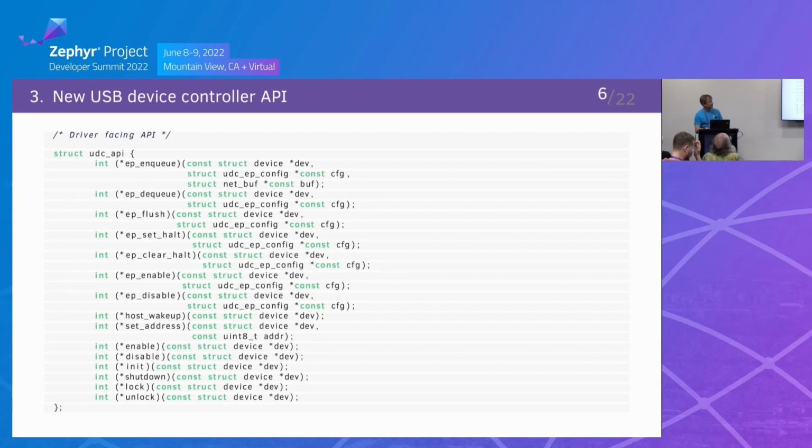We actually have two APIs for each driver in Zephyr. One is driver facing, and the other one is for the upper layer. Here is a quick overview of the driver facing API.